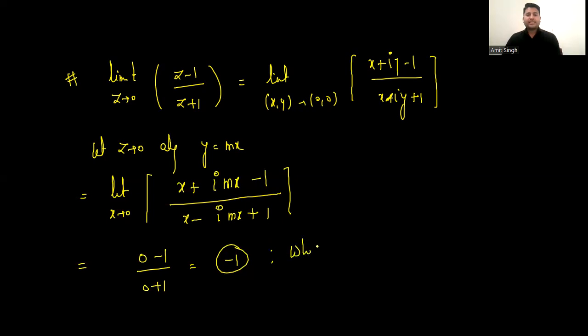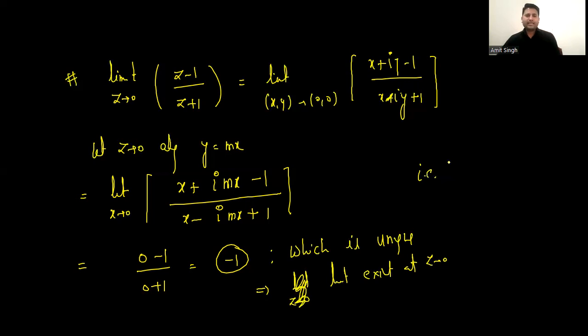It is unique. It means through all the possible paths approaching the point (0, 0), the limiting value of the function is minus 1. Which is unique, it means the limit of the function as z tends to 0 exists. Better to say it implies the limit exists at z tends to 0.